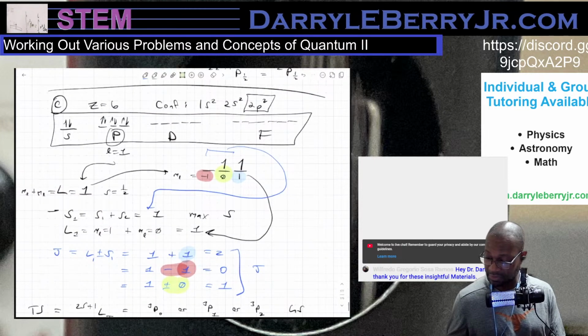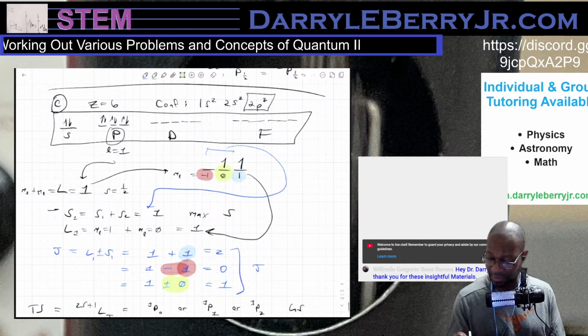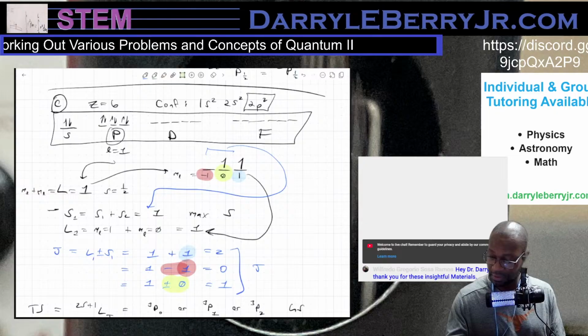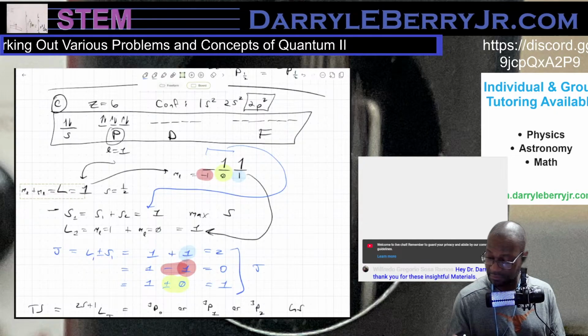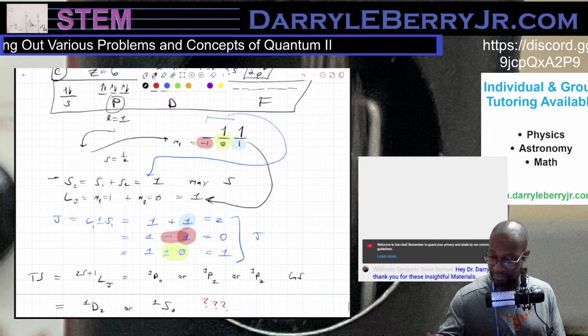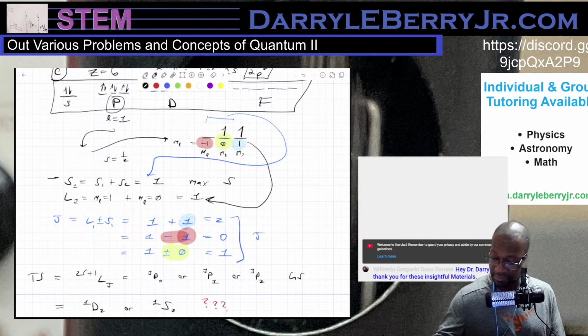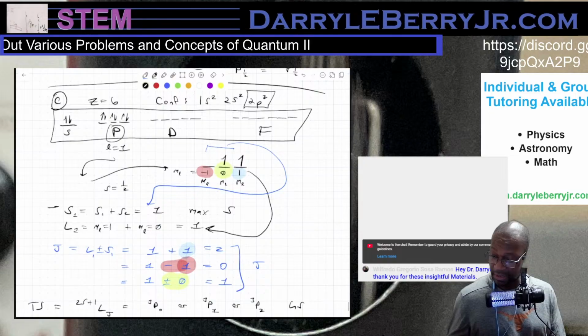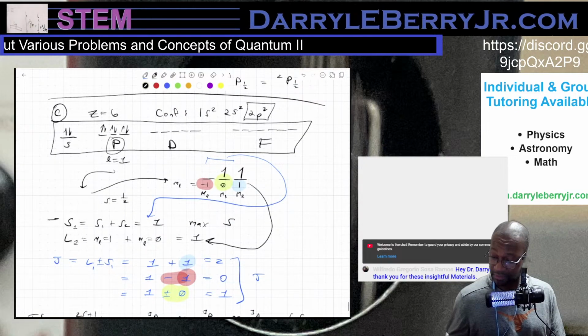Let me actually start this one again. Well, maybe I don't have to start the whole thing again. It's just to do with these L's. So notice what he did was he took these MLs. Each of these are sub-levels of the L equals 1 state, which is the P configuration.